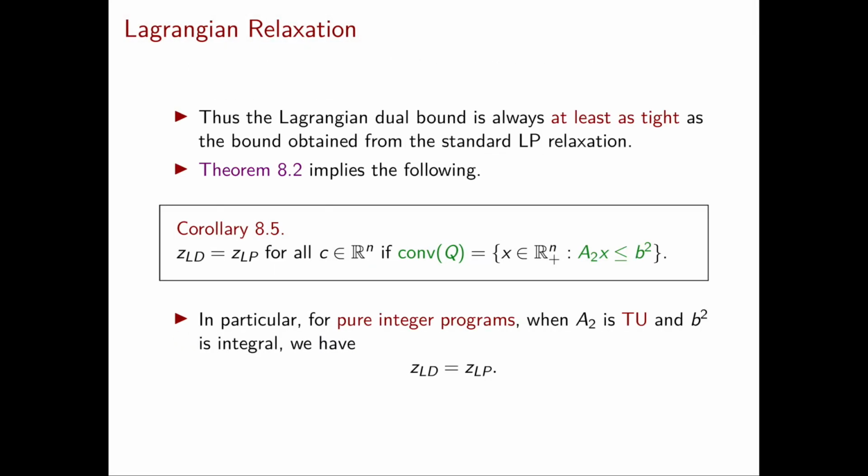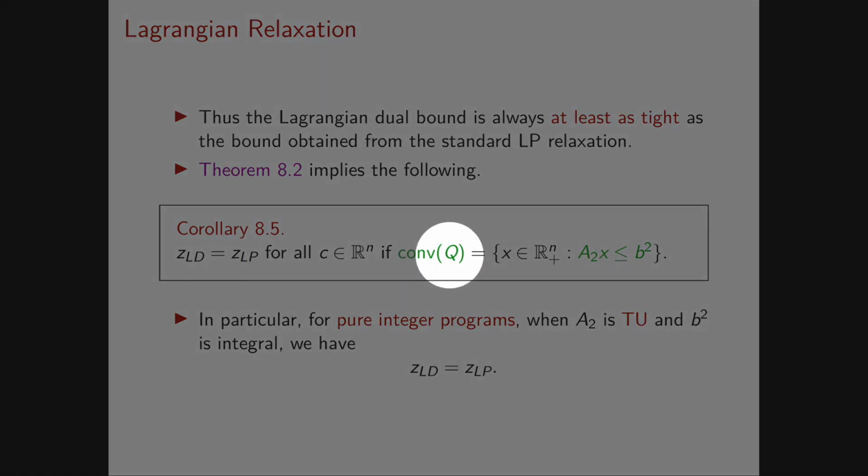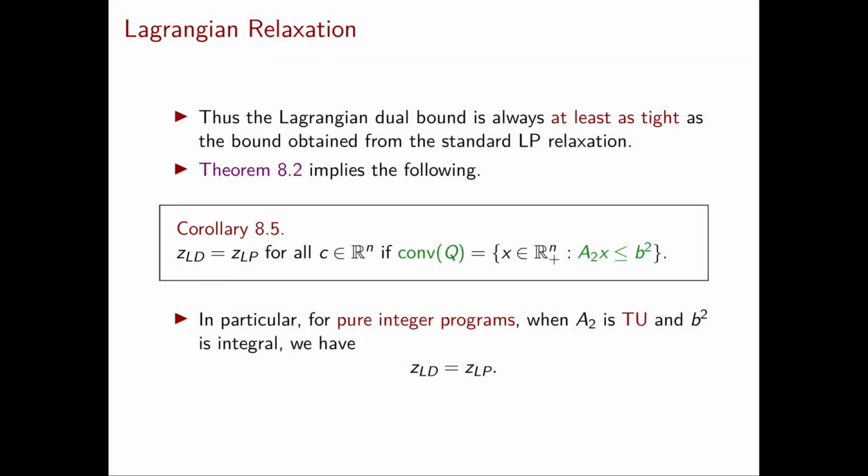This corollary tells us, in other words, that the Lagrangian dual bound is always at least as good as the upper bound obtained from the standard LP relaxation. Of course, in some cases, these two bounds can coincide. For example, whenever the convex hull of Q is exactly defined by the green inequalities and non-negativity, then we obtain that the Lagrangian dual bound is equal to the linear programming bound.